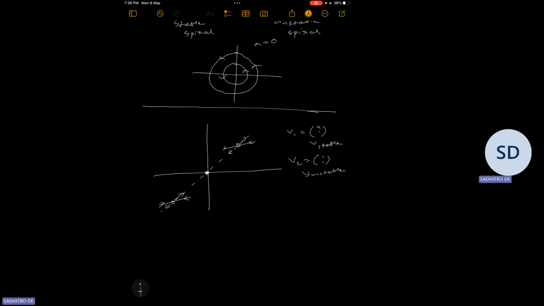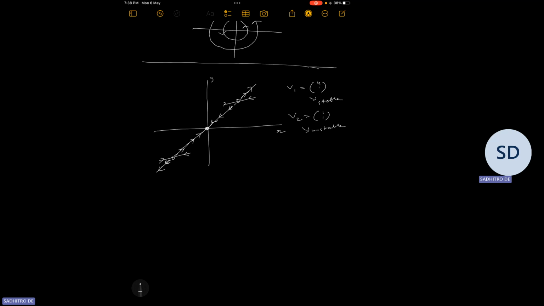So you see that all the trajectories approach the origin along this line, x equal to y. Any trajectory along the line would approach the origin like this, right? And any trajectory along the line x equal to y, which lies on the other side of the fixed point, will go up to infinity. This is x and this is y.